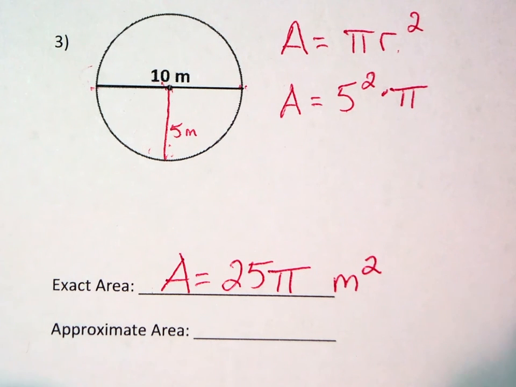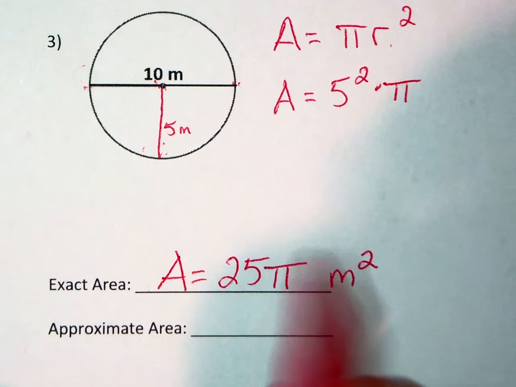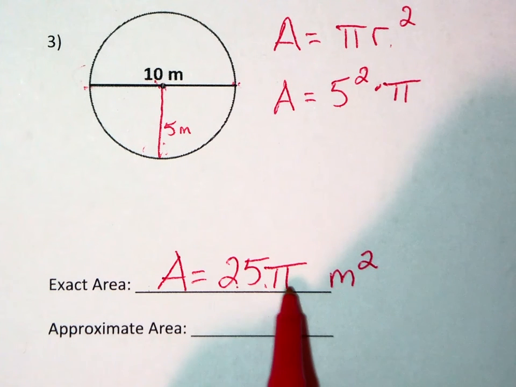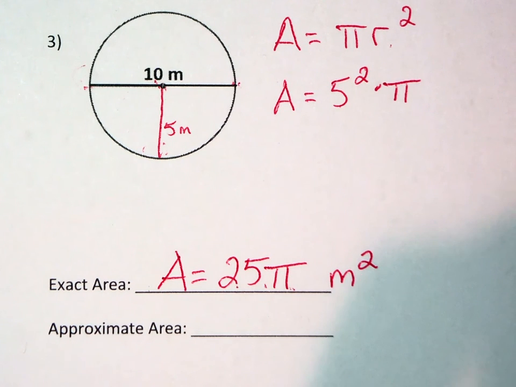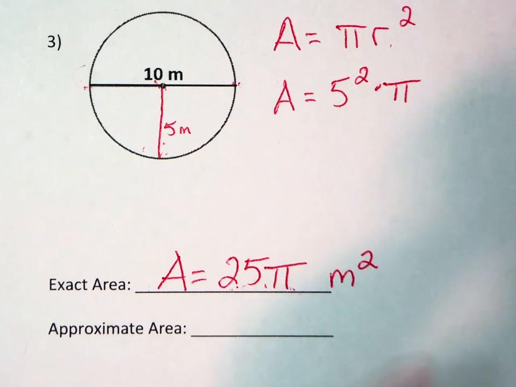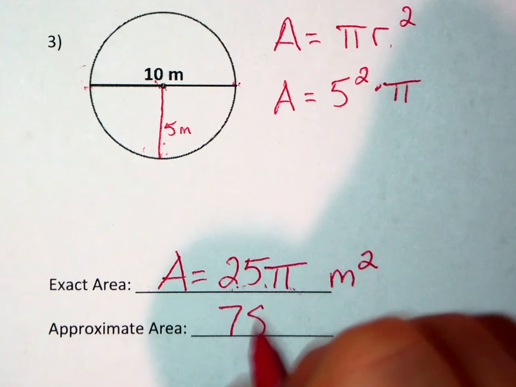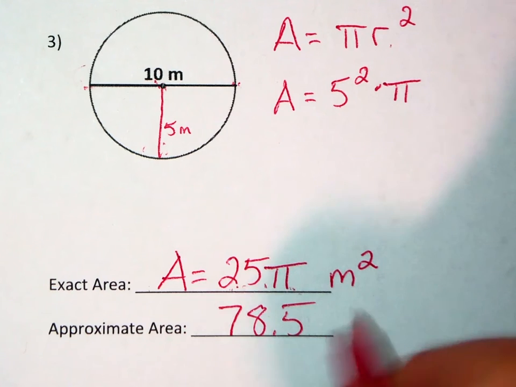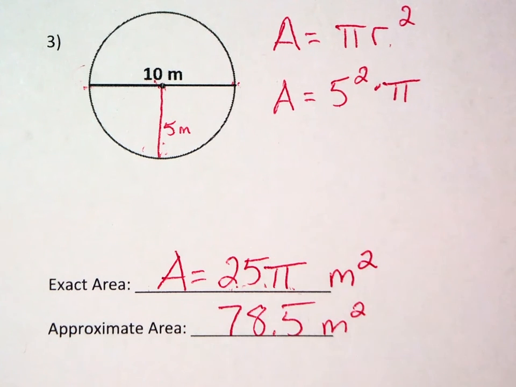Now if we want to find the approximate area, we multiply 25 times our approximated value of pi, which was 3.14. So 25 times 3.14 gives me 78.5 meters squared.